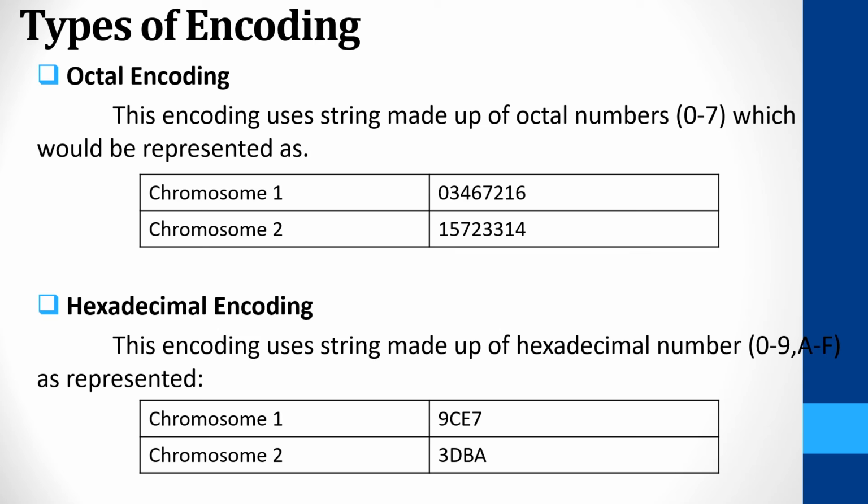This type of encoding uses a string made up of octal numbers, that is 0 to 7. Then hexadecimal encoding, in which the chromosome is a string made up of hexadecimal numbers, 0 to 9 and letters A to F are included.